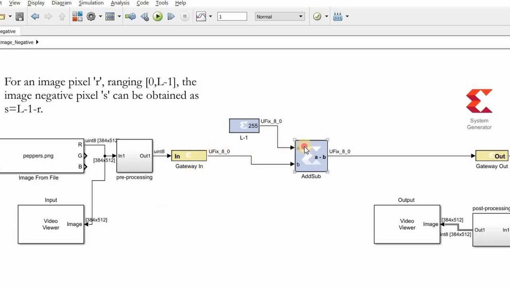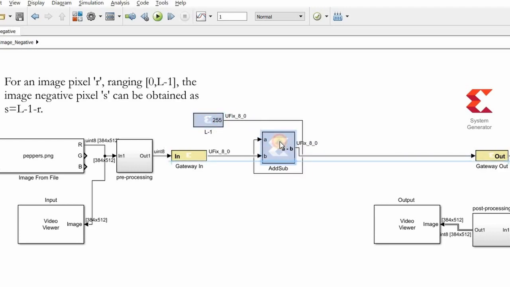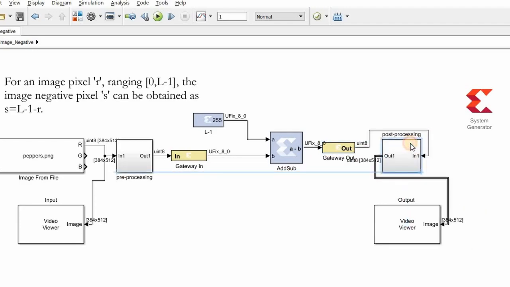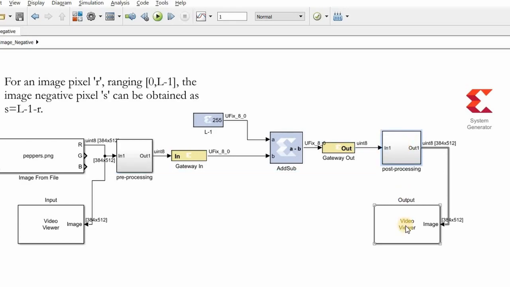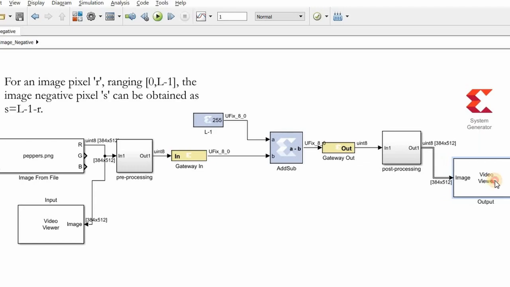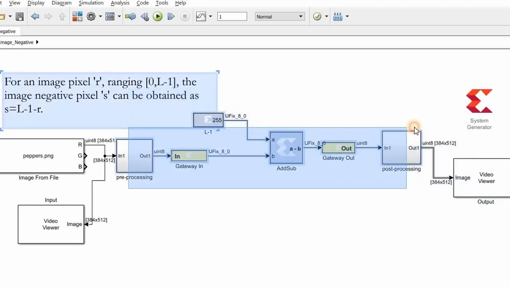So okay, I'm just readjusting this. For the 3 channels, we need to implement the entire model as replicates. So I will copy and paste it.